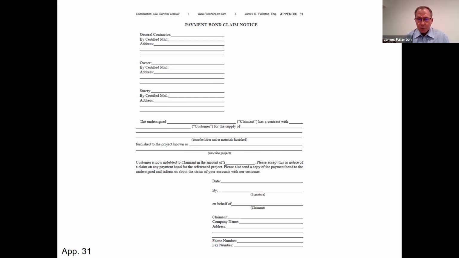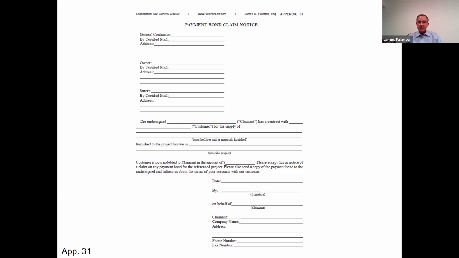On most bonds, you only have to give notice to the GC, but if you send a notice to the owner and the GC when you're starting to have payment problems on a project, and you say, we're working on our mechanics lien rights, in the meanwhile, this is a claim on the payment bond, send a copy of the payment bond this way.